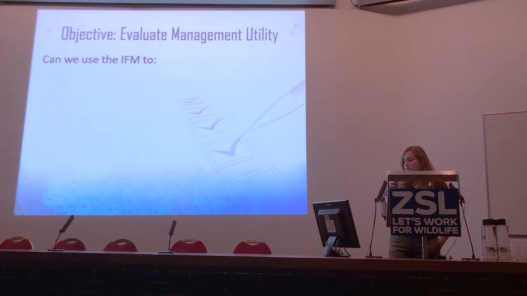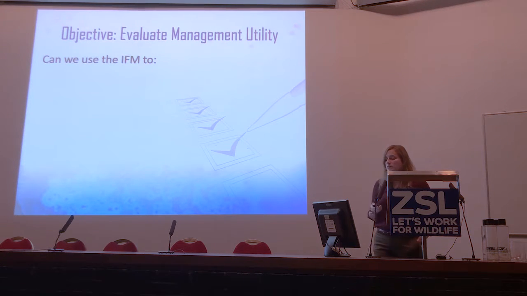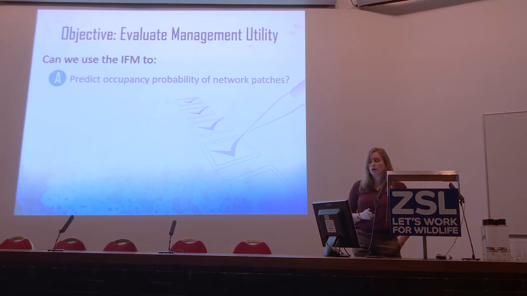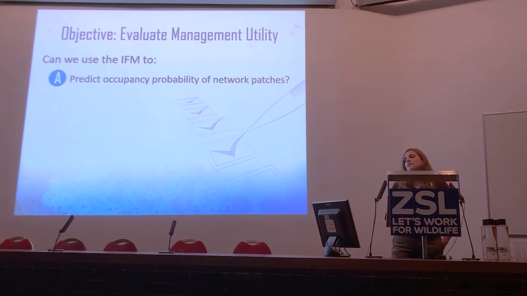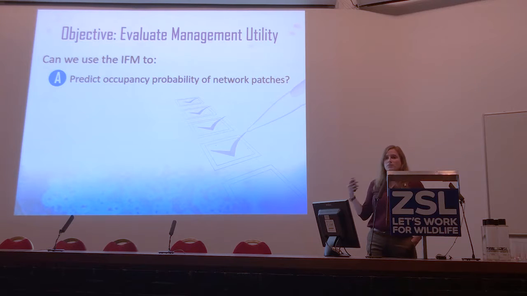And now that we've set up this model, we were really interested in answering 3 questions with it. We wanted to know whether we could use this model to first just plainly predict the occupancy probability of network patches and use that to investigate heterogeneity across patches in terms of some preliminary information on where to target management.